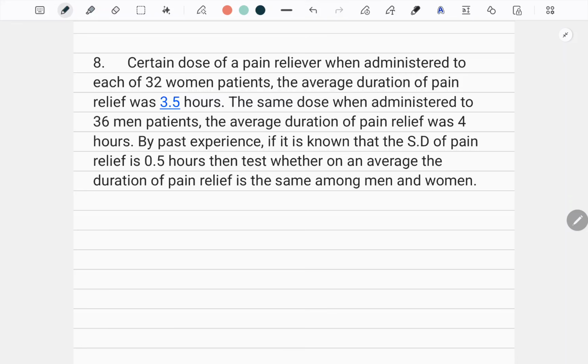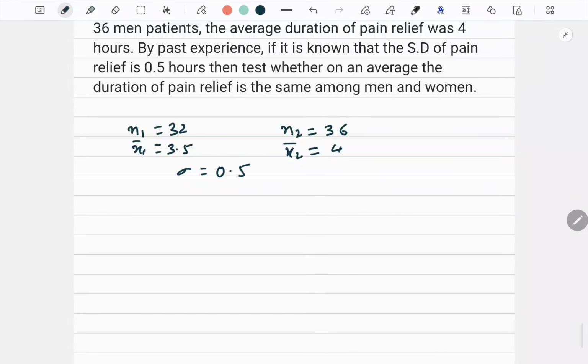Now the first sample n1 is equal to 32, x1 bar is equal to 3.5. For men, n2 is equal to 36 and x2 bar is equal to 4. And standard deviation sigma is equal to 0.5. So same thing, first write down the null hypothesis, then calculate z.